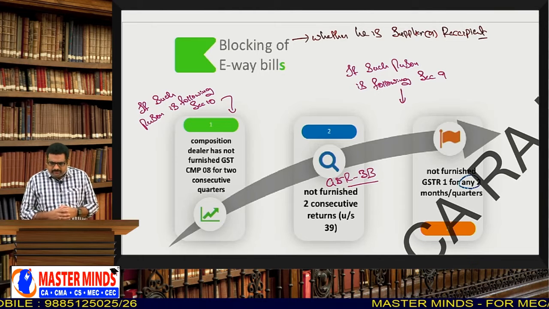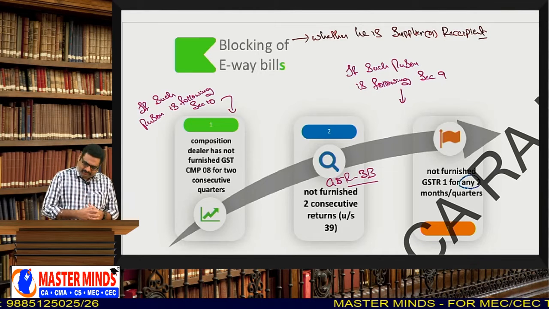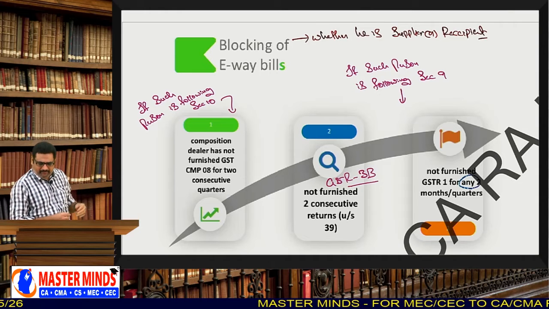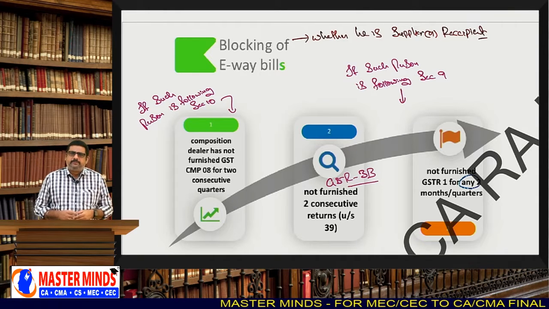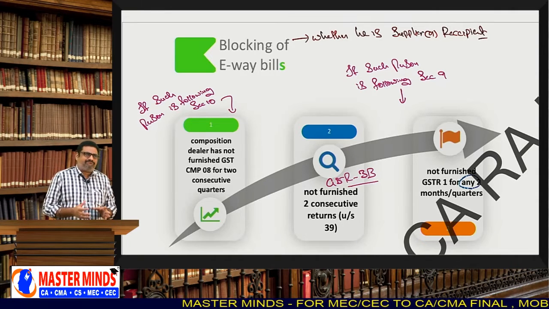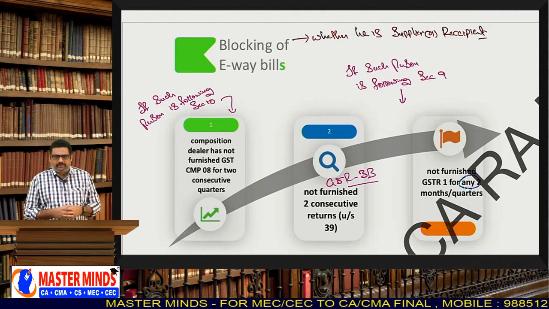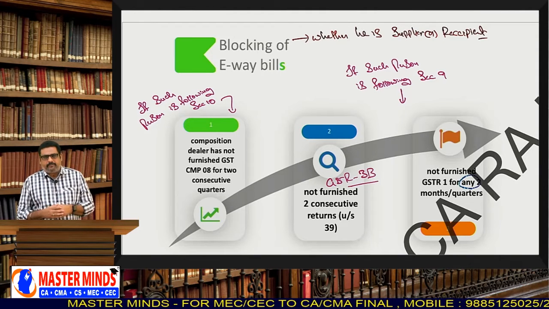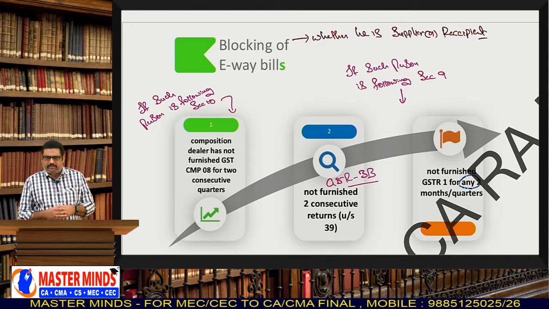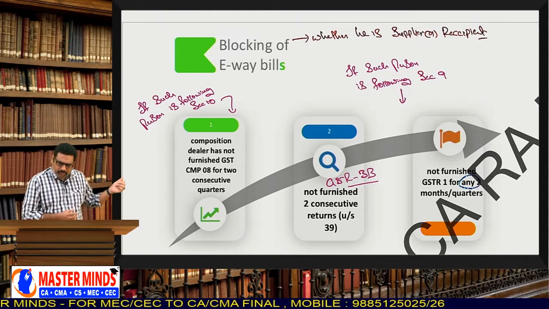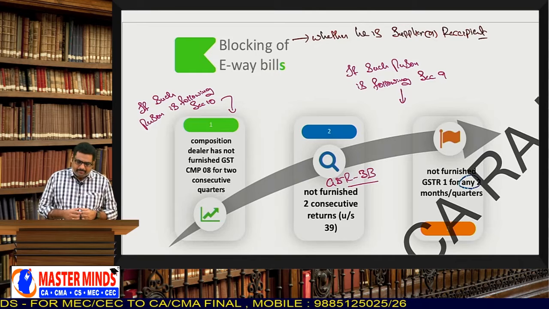Blocking of EWAY bills, whether he is a supplier or a recipient. If he has defaulted in filing either CMP 08, GSTR 3B or GSTR 1, as I already told you, then this concept of blocking of EWAY bills will be applied.